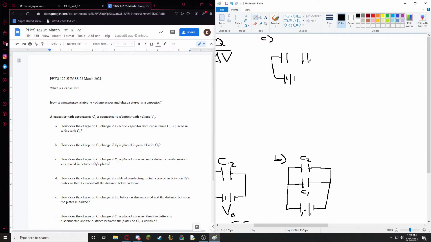We're going to have C1, C2, and we're going to go ahead and place a little dielectric in there. We'll color it orange. With constant kappa, what's going to be the new charge on C1 in this scenario?